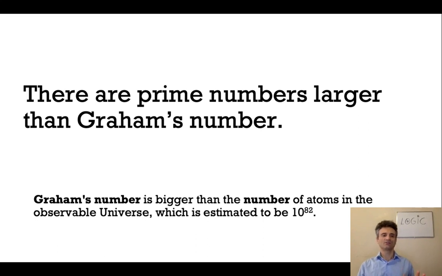All I need to know is that since numbers go on forever, and consequently prime numbers go on forever, then it must be true by logical necessity, without any sort of experience, that there are prime numbers that are larger than Graham's number, just by the logical definition of what it is to be a number.